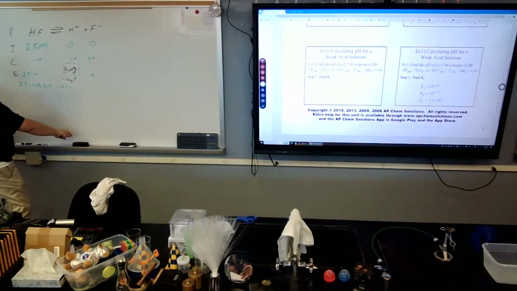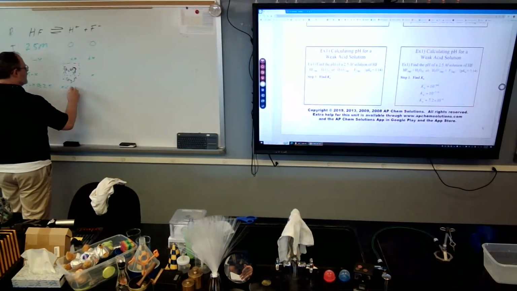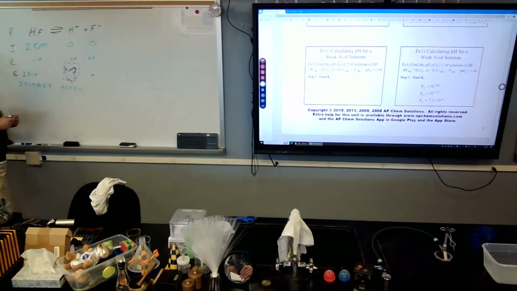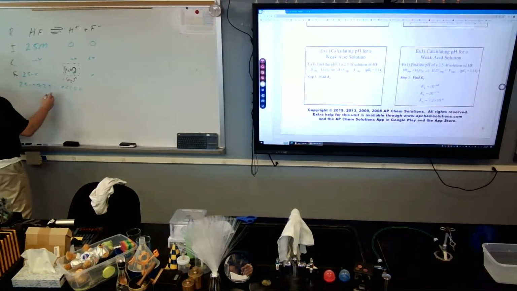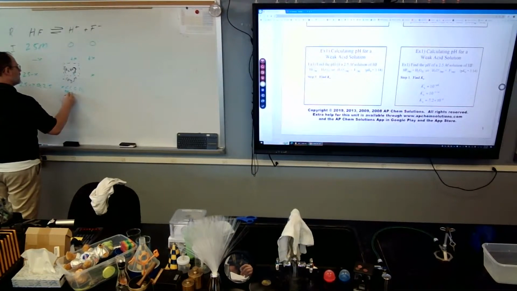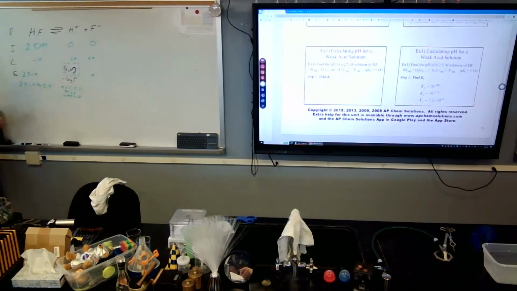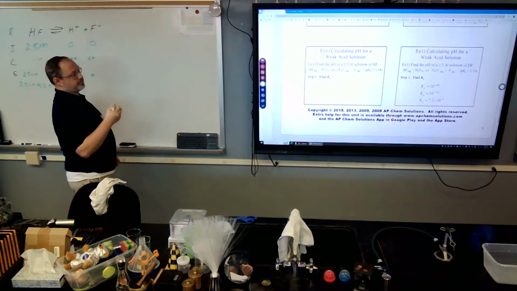Actually, it's much less than the number of significant digits given. This comes from the fact that HF is a weak acid. Again, you never have to use a quadratic. Haven't had to since about 2004. All right, next. What am I going to do with all this information?